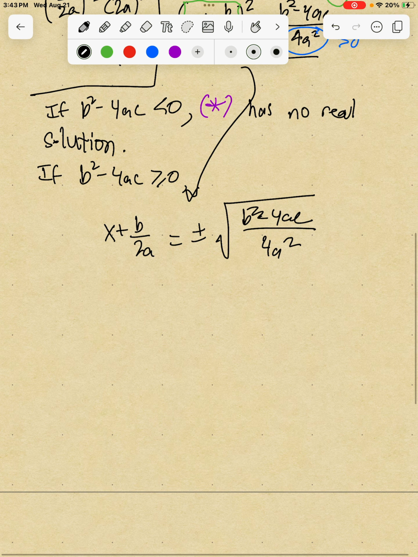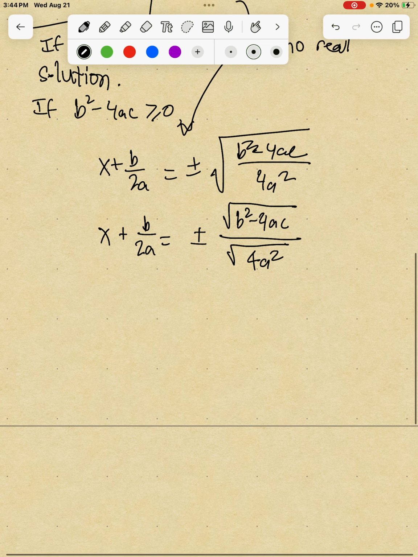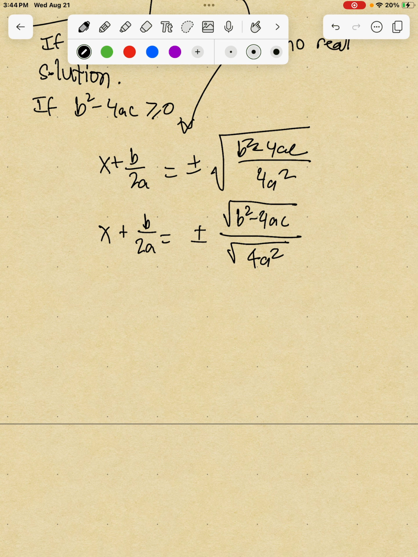Well, we're almost done. We can use the property of square roots: this is the square root of the top over the square root of the bottom. Now a is positive, so the square root of 4a squared is just going to be 2a.